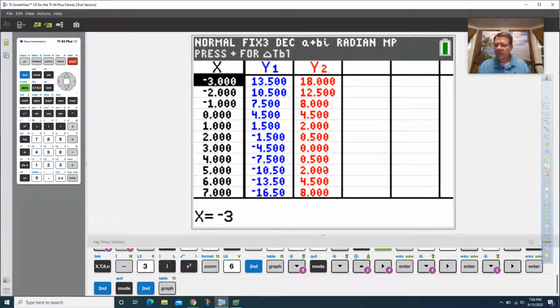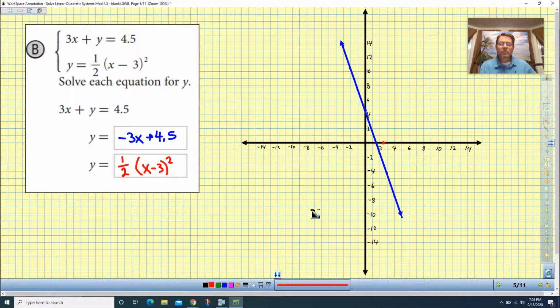So we're going to graph these guys the best we know how. So I have these over here as well. Get my settings to agree. Okay, so let me go back to the graph.